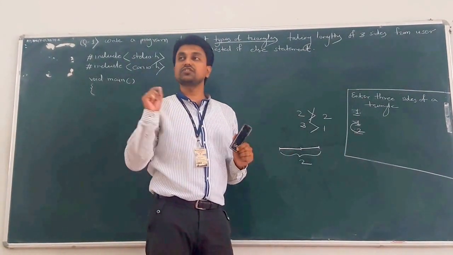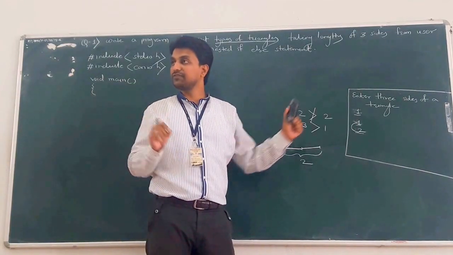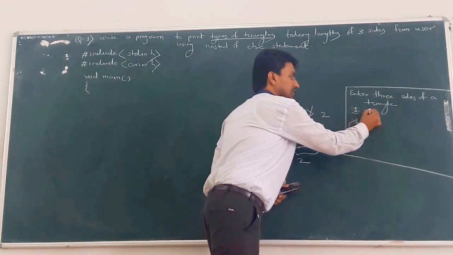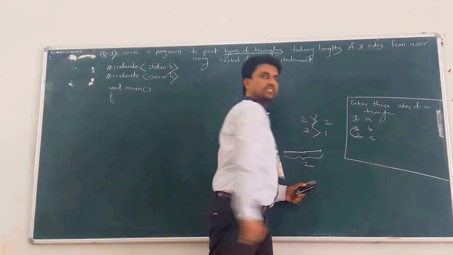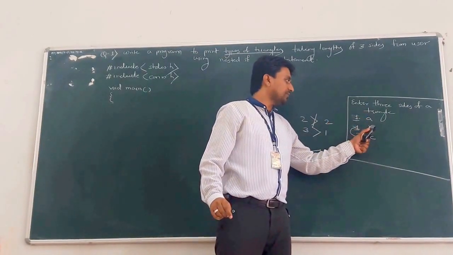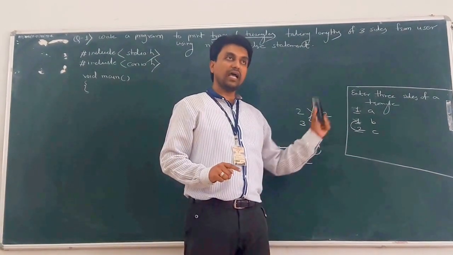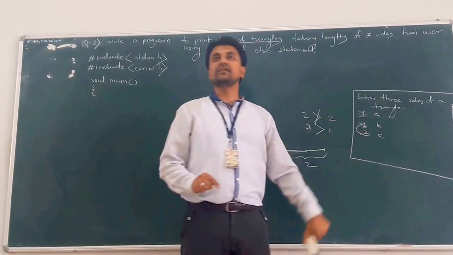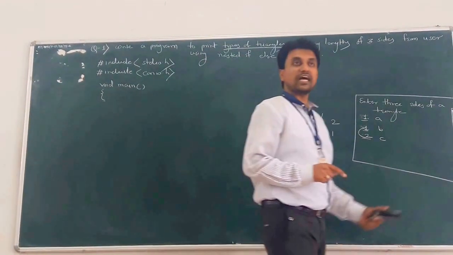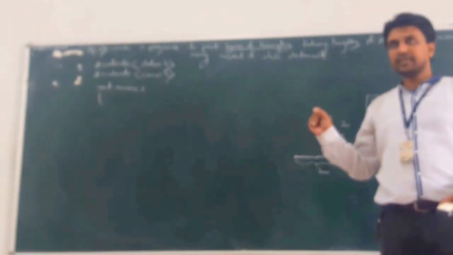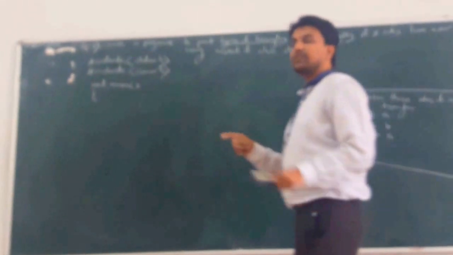So the first condition is to check that we can form a triangle from the given sides. The condition is: if this is side A, this is side B and this is side C, check that the addition of A and B is greater than C, the addition of B and C is greater than A, and third, the addition of A and C is greater than B. If these three conditions are true, then and only then can we form a triangle from these sides.